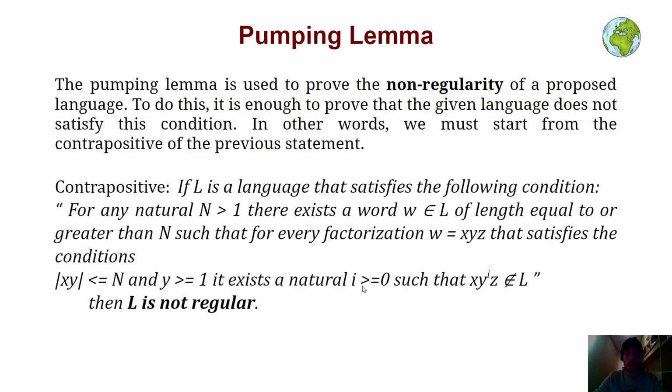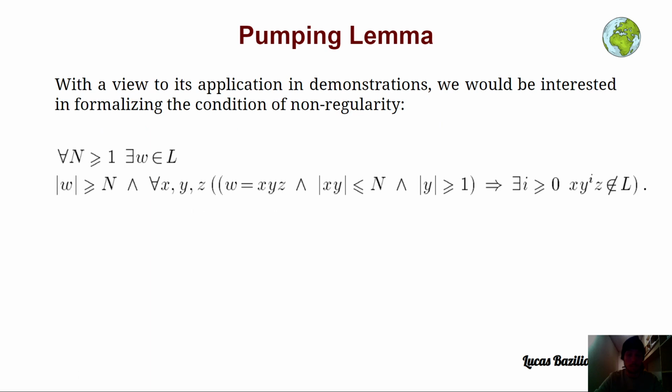If we find this natural value i and this concatenation doesn't belong to the language L, then the language L is a non-regular language, right? Because it is going to violate the pumping lemma.